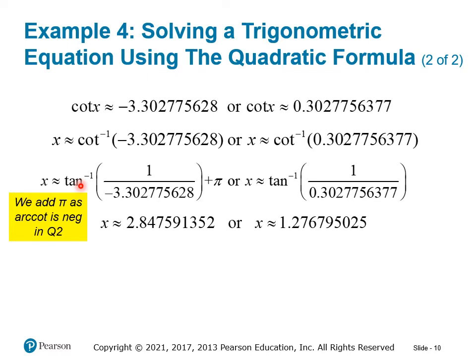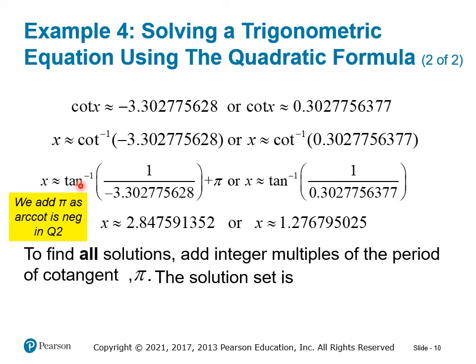So we solve these, and we get these two values of x. To find all solutions, really what we're looking for are all the coterminal angles. We simply add integer multiples of the period of whatever trig function we're dealing with, and here we're dealing with cotangent, which has a period of pi.